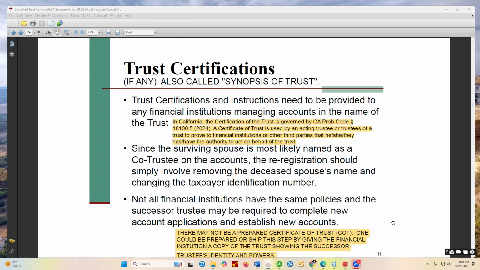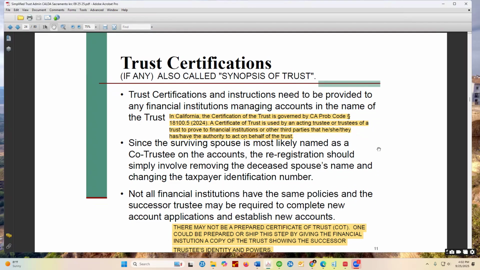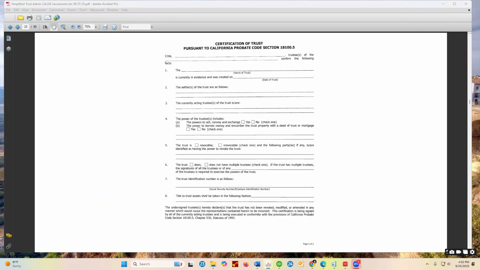So I would always bring a copy of the trust or a certificate of trust when you're dealing with financial institutions, so that they're not going to work with you unless they can see in the instrument that you're the right person for this administration based on what the instrument said.